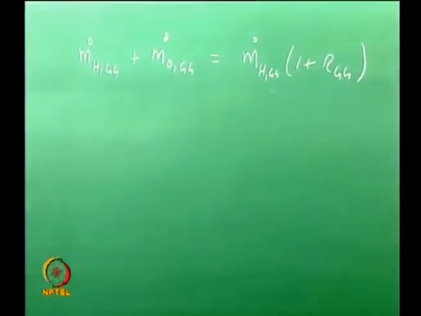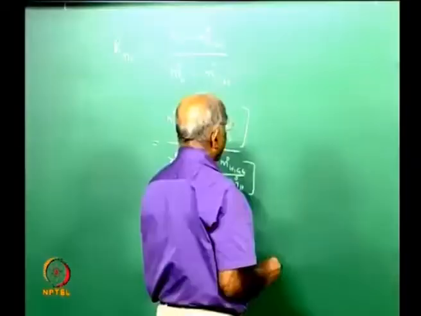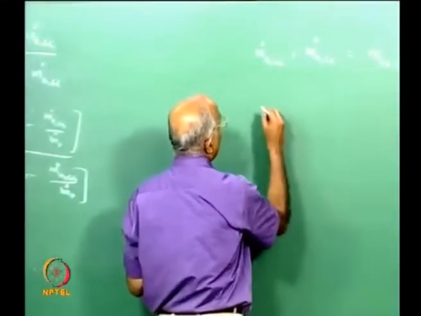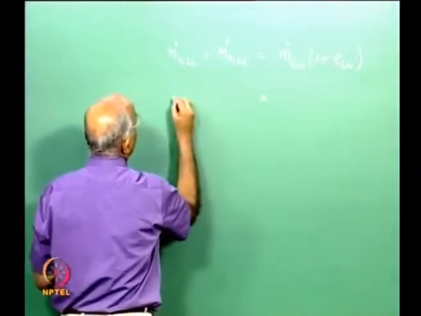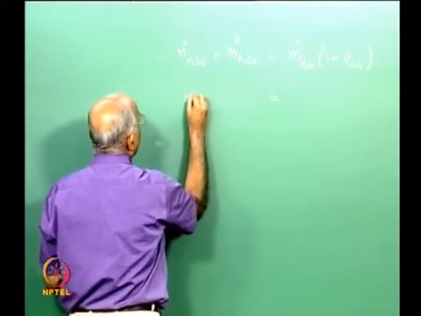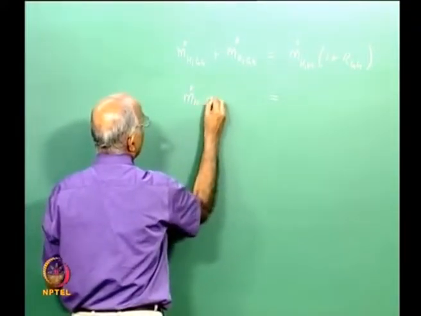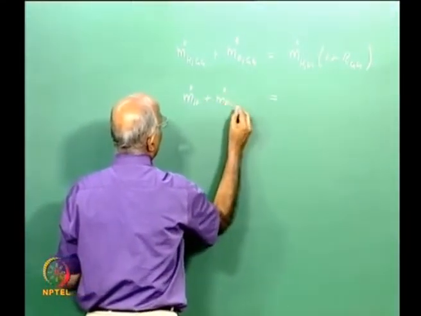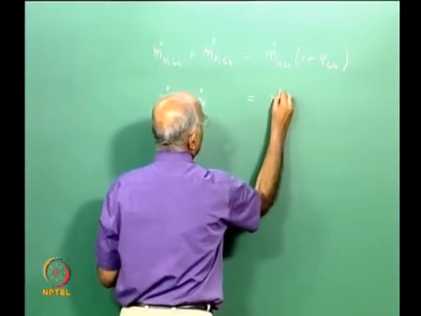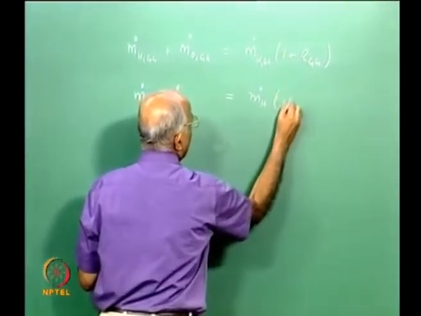And similarly we can write an expression for m dot O, and we can write this for the total: m dot H plus m dot O is equal to m dot H into 1 plus R.